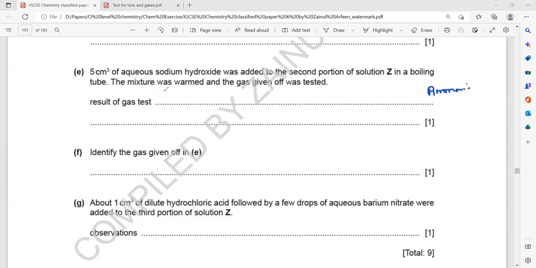We test with damp litmus paper. You have to mention which, red or blue. Red. So we test with damp red litmus, and it will turn blue.